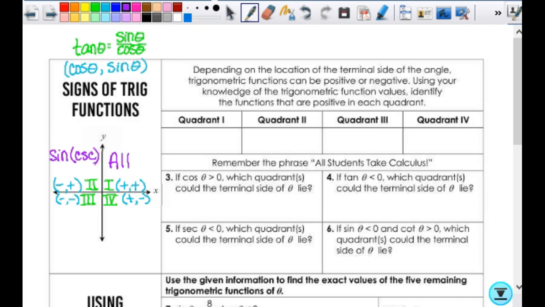In quadrant 3, sine and cosine are both negative, right? But then when you go to find tangent and you put y over x, negative over negative is positive, which means in quadrant 3, your tangent is positive, and so is its reciprocal, which is cotangent.